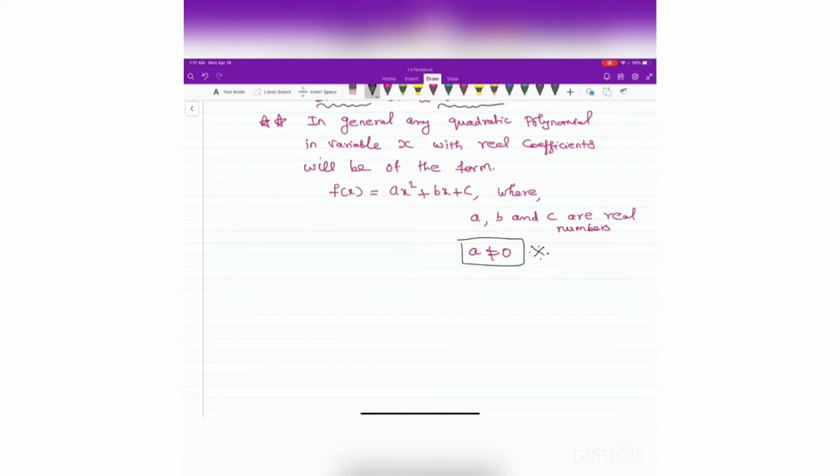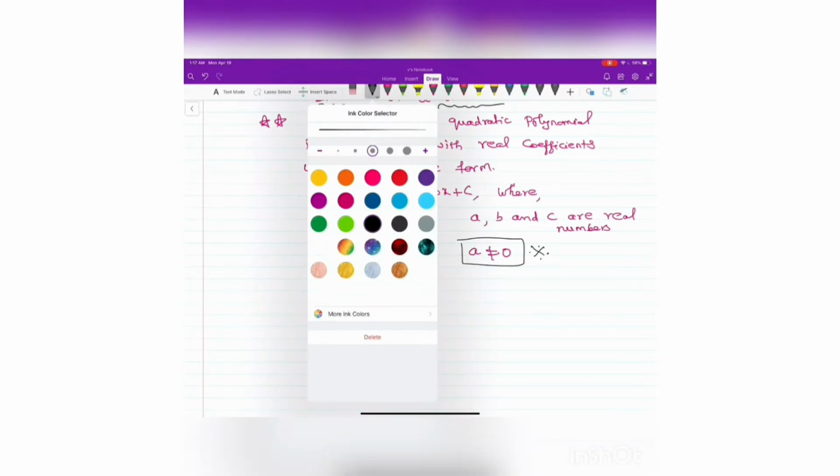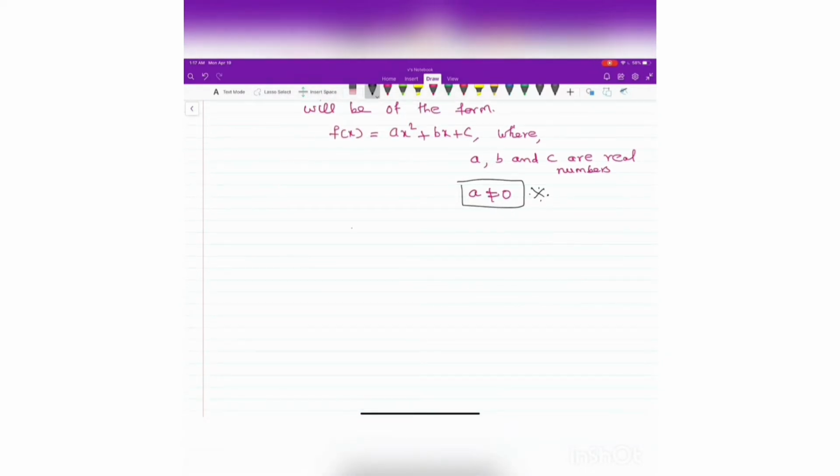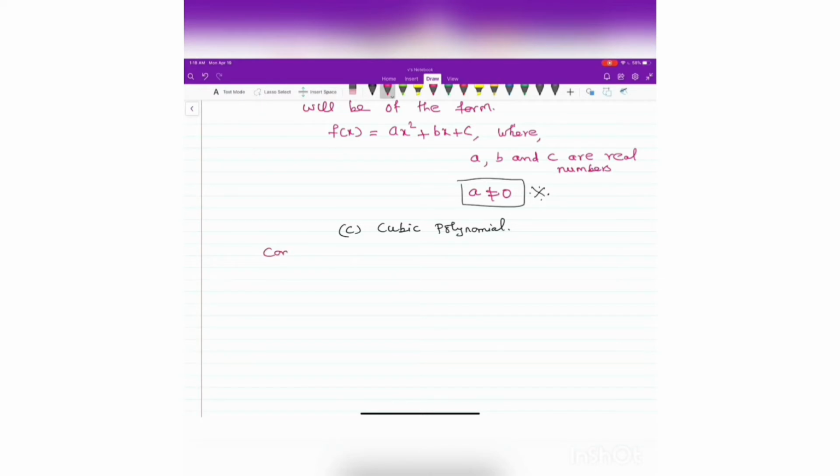The next one is, when will you say the given polynomial is a cubic polynomial? That is C, cubic polynomial. Okay. Just consider these examples.